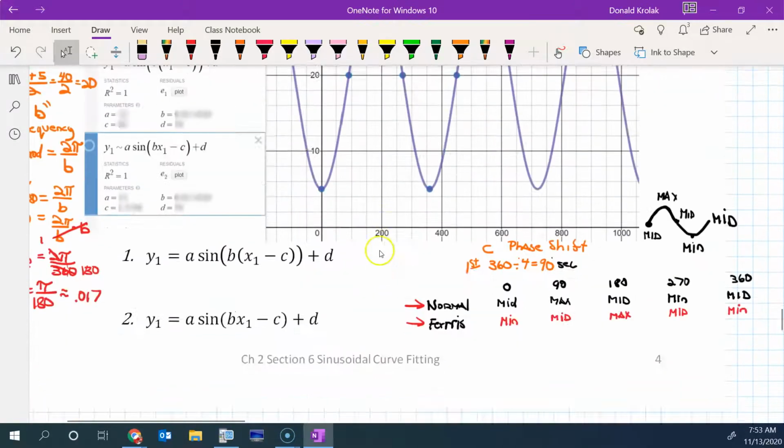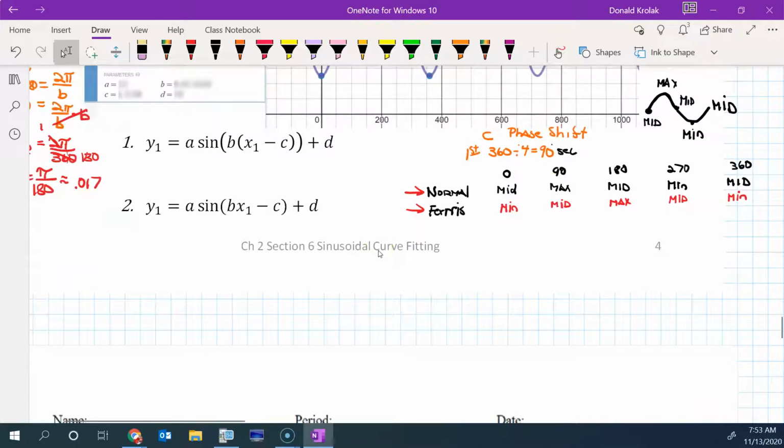So this is the x coordinate for the maximum of a normal sine, and this is the x coordinate for the maximum in your data. What would I have to do to this function to shift it over so that it's above this one? How many seconds do I have to shift it over?